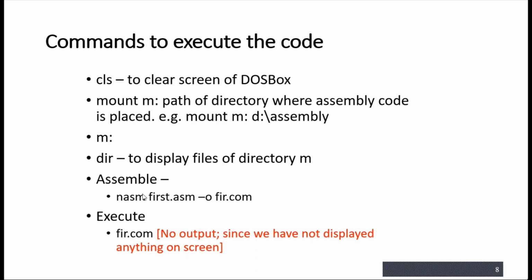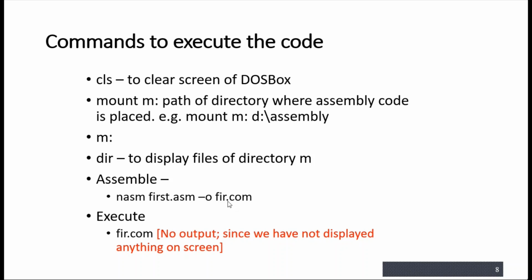Then to assemble the code, the command to be used is nasm, then the file name, fir.asm, -o is the key to generate the object file of the assembly code, and then we give the name of the file in which our object code should be present, which is fir.com.